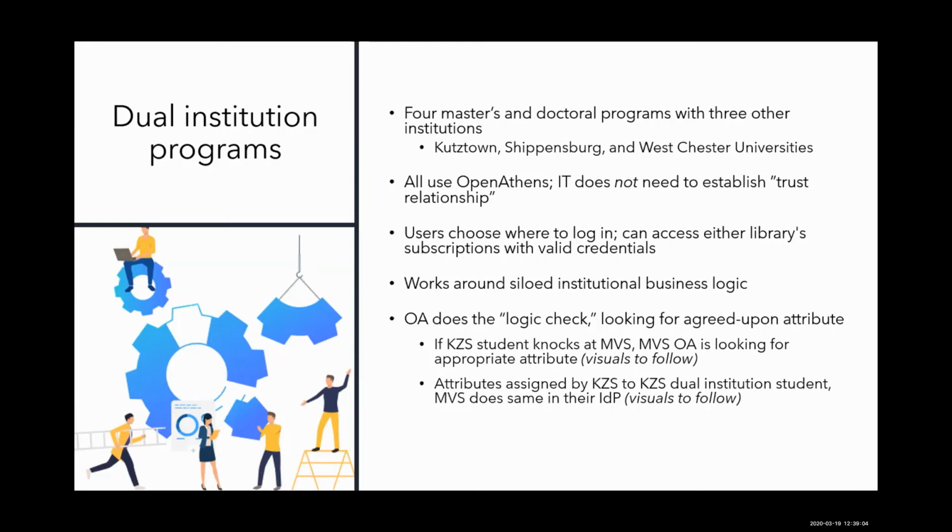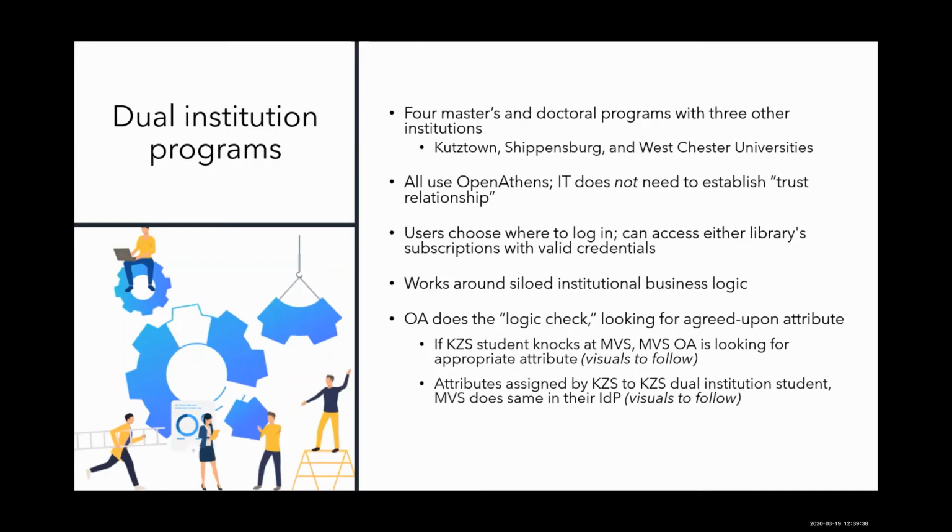Basically, all we've done is ask OA to do some logic check, looking for some of those agreed upon attributes that will be sent to OA, and basically says, if you're a Kutztown or a Westchester student and you have told OA they hold this particular attribute, then you may let them log into Millersville University, because they are technically a Millersville University student. They're just choosing not to use the credentials that we've issued to them, which they wanted to use because they took their first class at a partner institution. Millersville does basically the same thing.